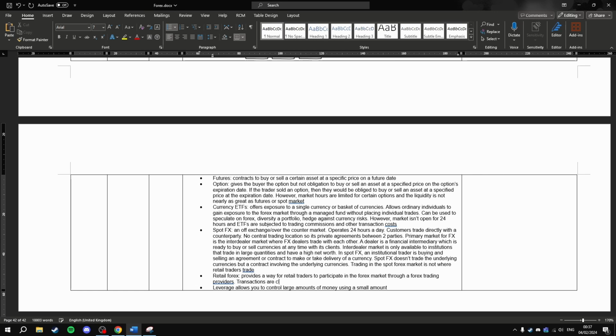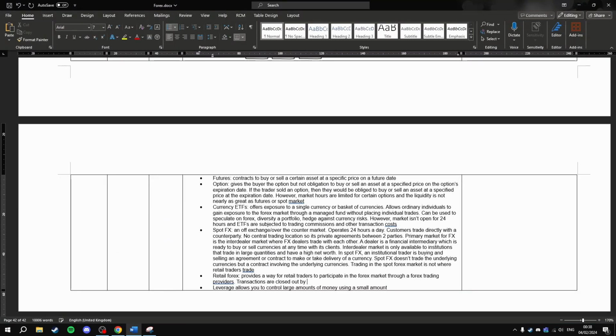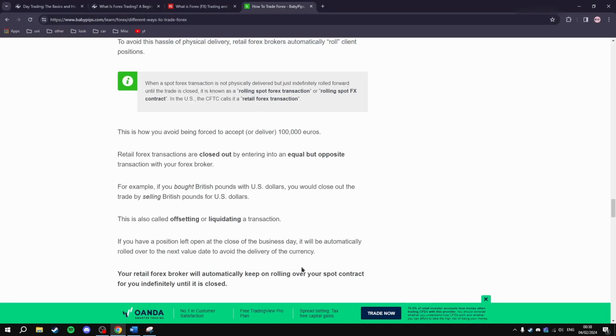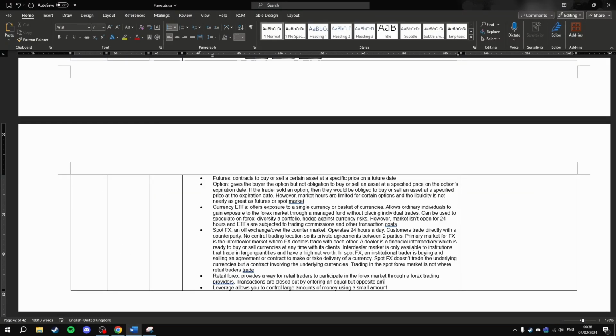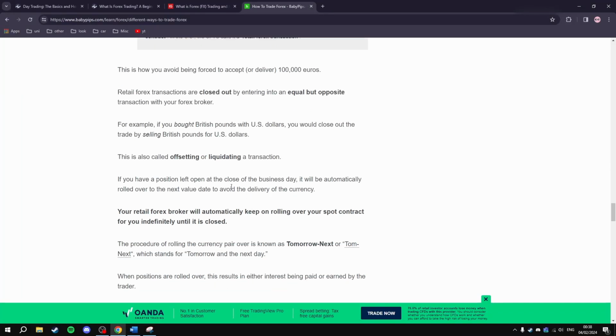For example, if you bought British pounds with US dollars, you would close out the trade by selling British pounds for US dollars.